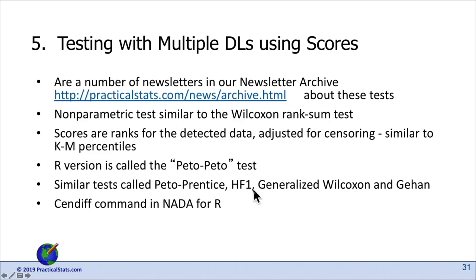They're very similar. You'll find at least one of these, if not more of them, in any package that does survival analysis. You can find them in the NADA package and in the EnvStats package in R. If you want to know more about them than what we have time for today, you can go to the newsletters that are on our site and read about them, or you can take the class that is up on the web now.